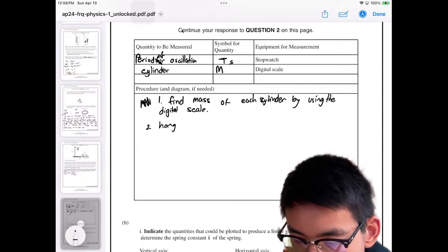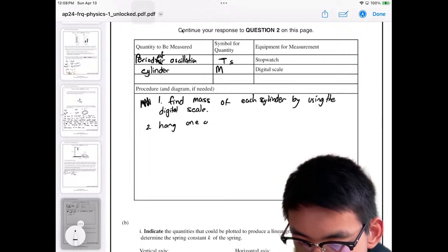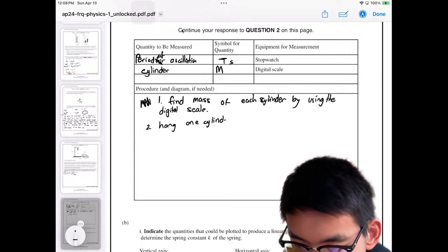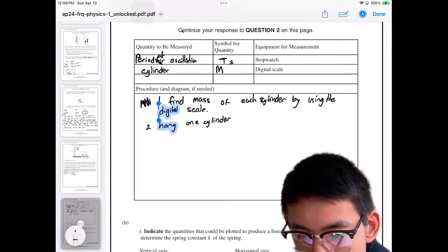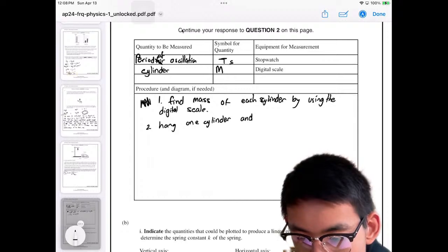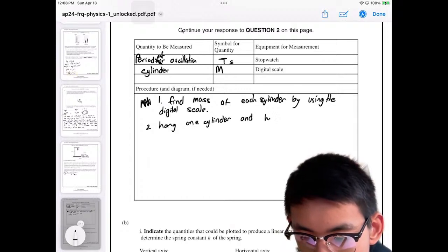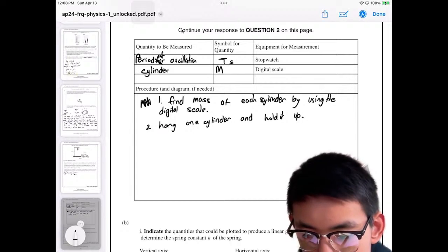Hang one cylinder and hold it up, right?